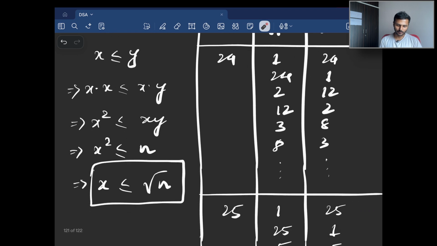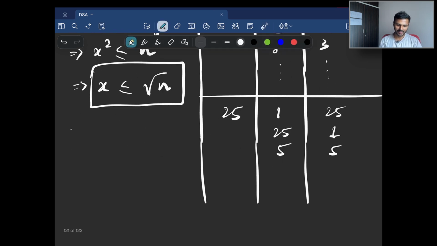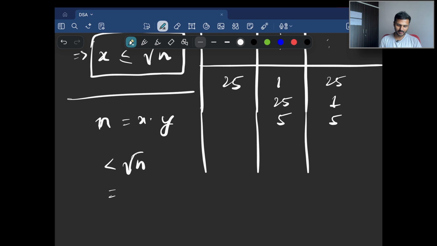right? So if I say x is less than equal to square root of n, what exactly do I mean? I mean that if I take n where its factors are x and y, I can say for sure that one of its factors will be either less than root n or will be equal to root n, right?